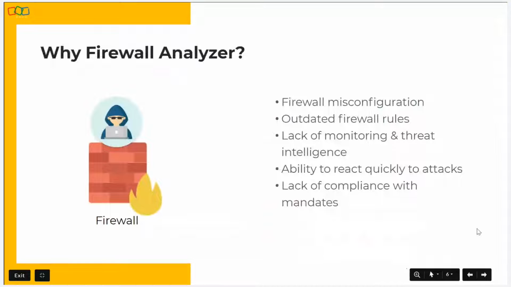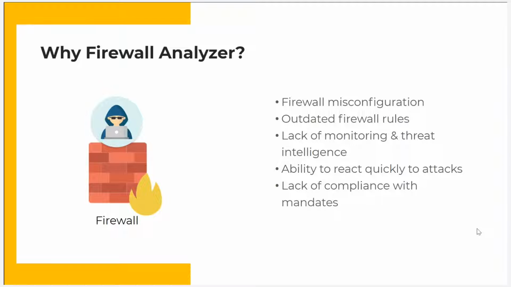Right, so now let us look at a more pertinent question in hand. That is, what are the major reasons for a firewall device to be at risk, and also why Firewall Analyzer? So Gartner predicts that around 99% of the exploited vulnerabilities will continue to be the ones known by security and IT professionals for at least 1 year. So firewall misconfigurations, and specifically the known misconfigurations, are the issue.